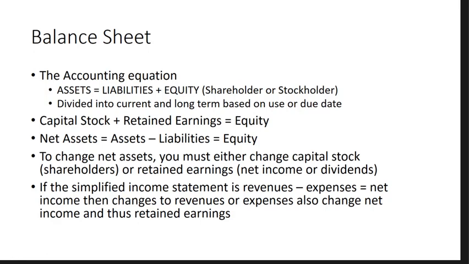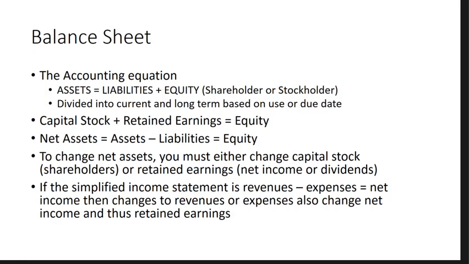If it's due in 1 year, it's a current liability. Due past 1 year, it is a long-term liability. So capital stock and retained earnings together equal our equity. So the overall term is equity. Capital stock and retained earnings added together equal that equity.